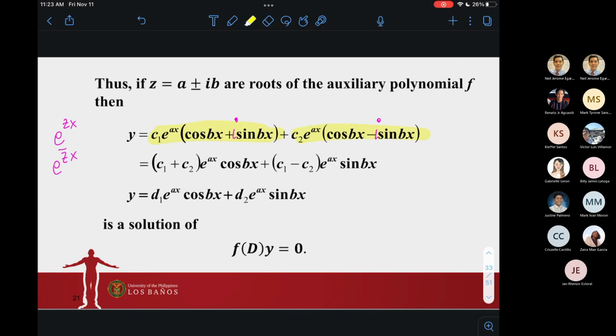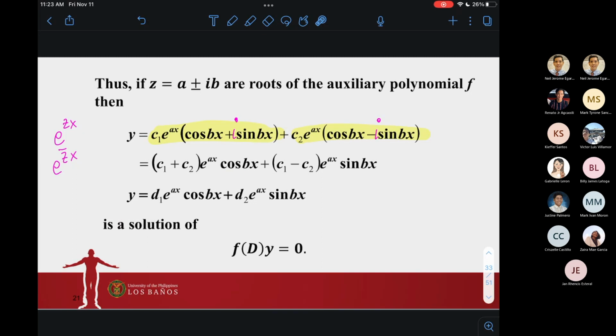Tapos, kapag kinumbine natin yung like terms, alright? So pagsasamahin ko yung may mga cosine bx. So I will have c1 e to the ax times cosine bx plus c2 e to the ax times cosine bx. So pwede kong i-factor out si cosine bx from that group, actually pati si e to the ax, so magkakaroon lang ako ng multiplier na c1 plus c2.